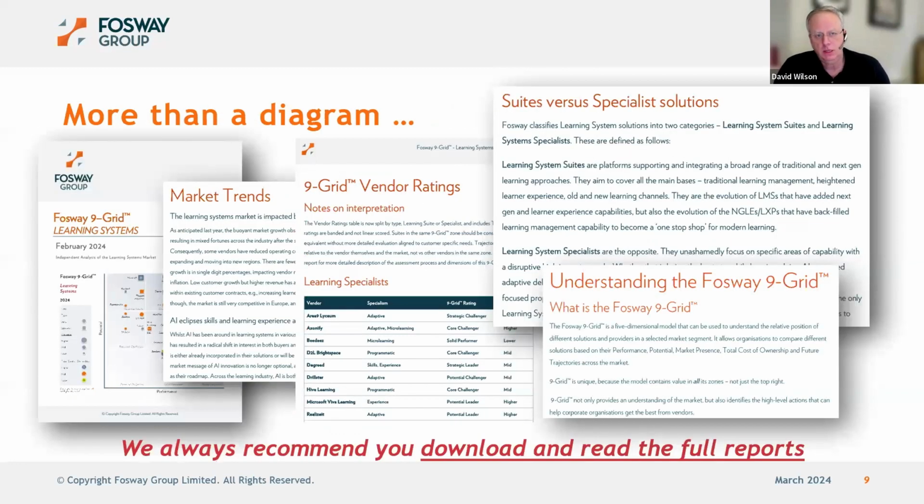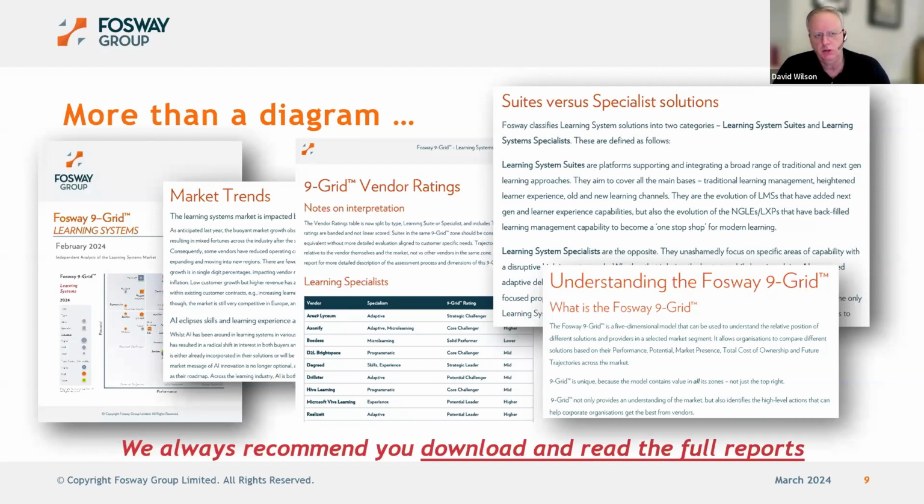The last point from me is that everybody sees the 9 grid diagram, but I would strongly recommend that you read the report as well. The report has both the description of the rating system and what makes up a suite and specialist, so how to understand the 9 grid, but it also has a fairly extensive set of market and solution trends, some of which we'll touch on today, that can give you insight on the way we're looking at the market and what's going on.